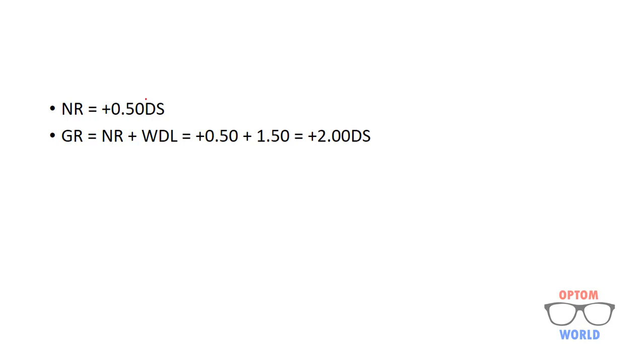So the net retinoscopic value is plus 0.50 plus working distance lens, which remains the same, plus 1.50, so we get plus 2 diopter sphere. This is our gross retinoscopic value. So this is how you can convert net retinoscopic value into gross retinoscopic value.